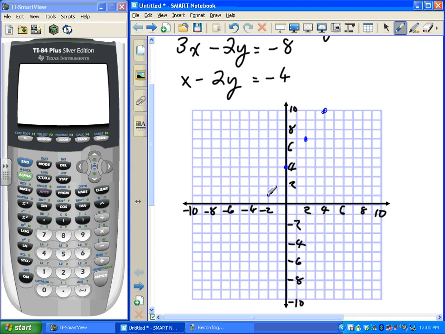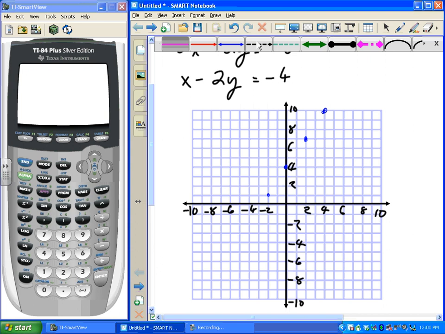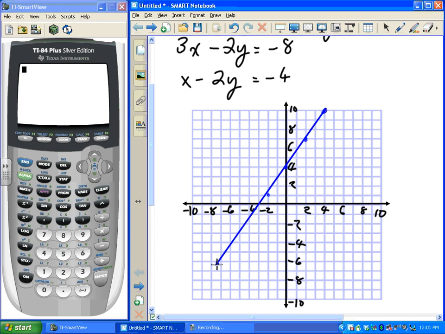Still on the same line. So I'm going to continue this line. Draw a straight line here through these points. We have something that looks like that. Okay? So that's the equation of our first line.